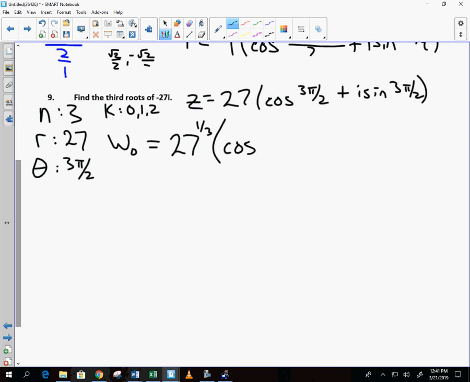Cosine of 3 pi over 2 plus 0, okay, because k is 0. Is it over 2 or over 3? Because n is 3. Plus i sine of, let's save some space here, 3 pi over 6, which is pi over 2. Good. Okay, sweet.